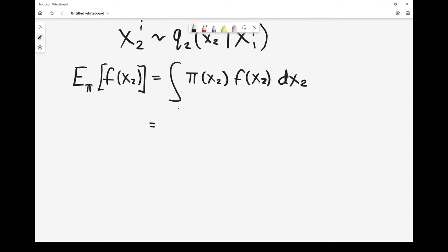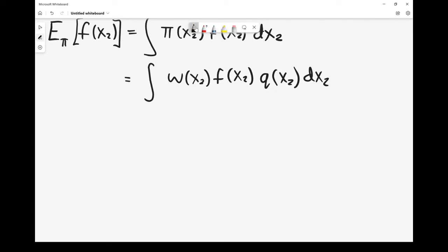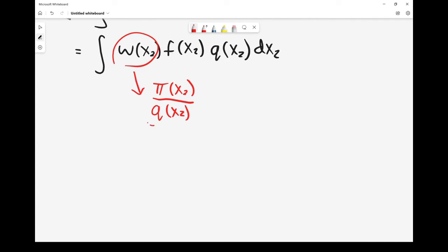In other words, we would rewrite this integral to be an importance weight, a function of x2, multiplied by f of x2, and then multiplied by our proposal for x2, where, as we've seen before, the importance weights will be given by target divided by proposal. Okay, so perhaps that seems fine, but then our question is, what do we write for this?